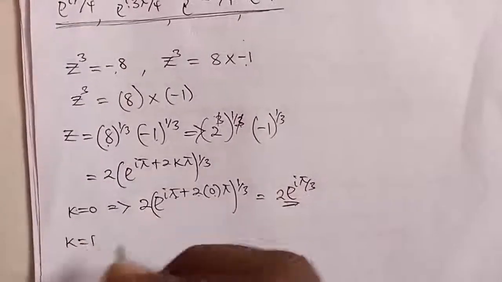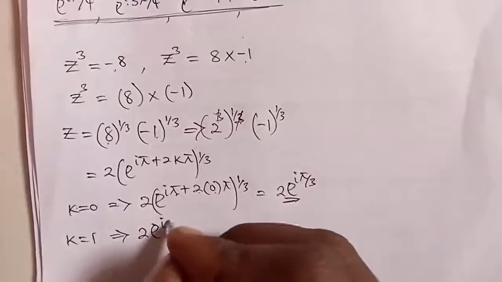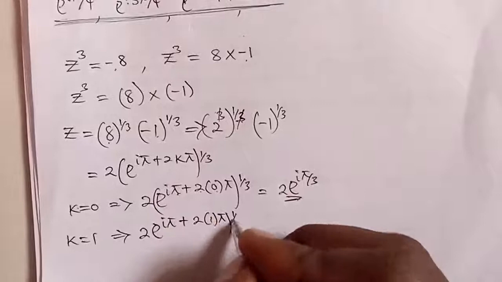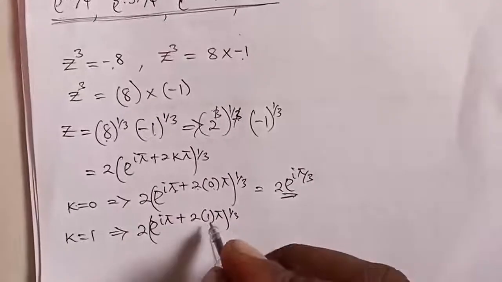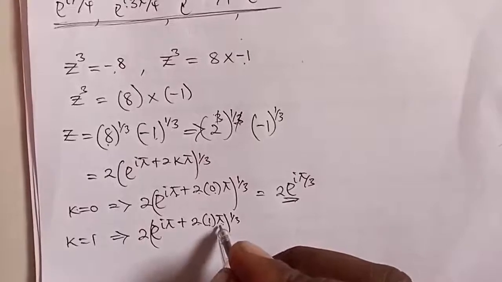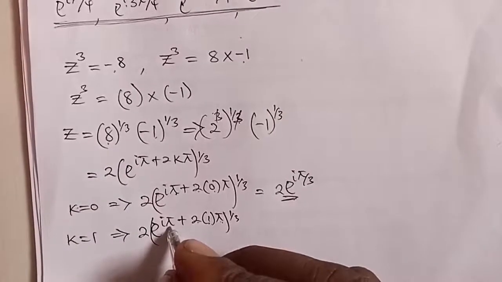When k is 1, we're going to have 2 into e to the i pi plus 2 into 1 pi, raised to power 1 over 3. 2 times 1 is 2, and 2 times pi is 2 pi. So 2 pi plus 1 pi is 3 pi.